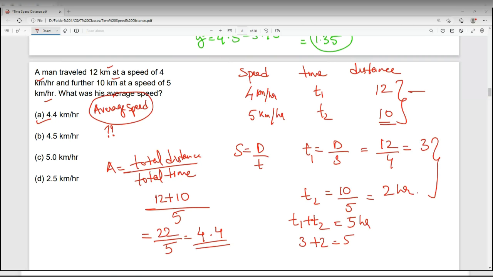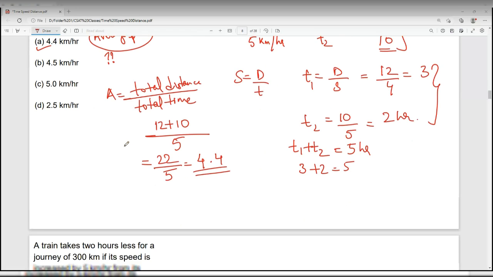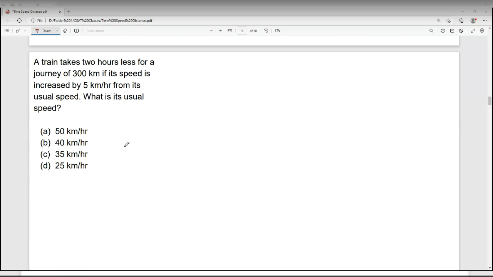Okay, we'll solve one more question. Please take 3 minutes to solve this. Around 43% have selected B, and 29% have selected option D. We'll see how to solve this question.